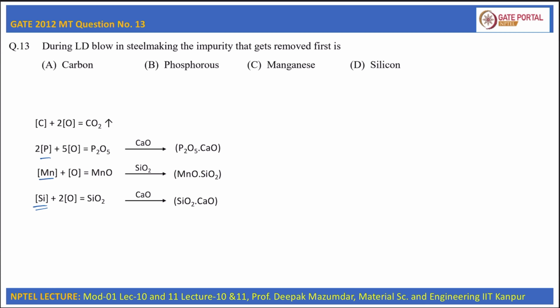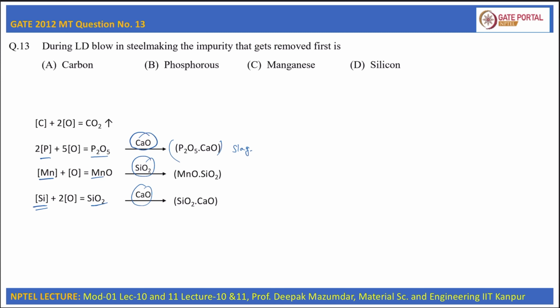Depending on the nature of the oxide, either acidic or basic, it will combine with lime or silica and go to the slag. It will form slag.